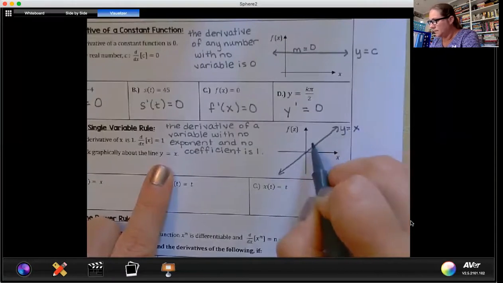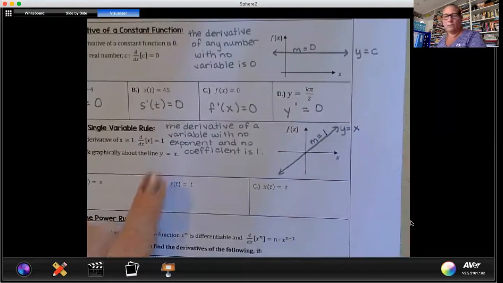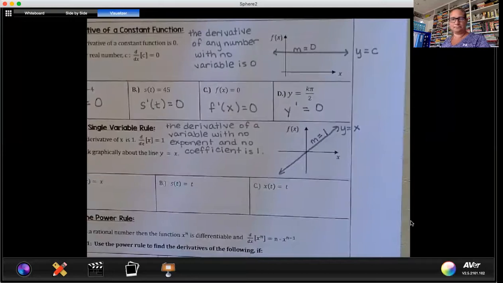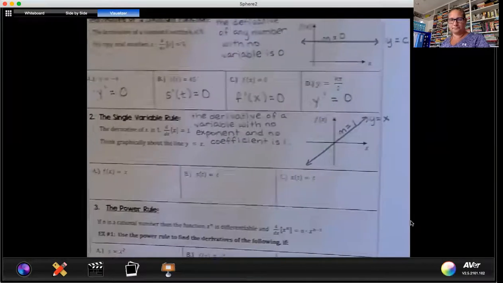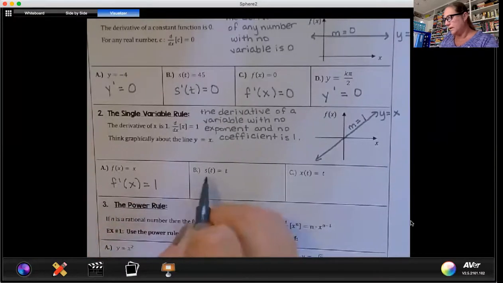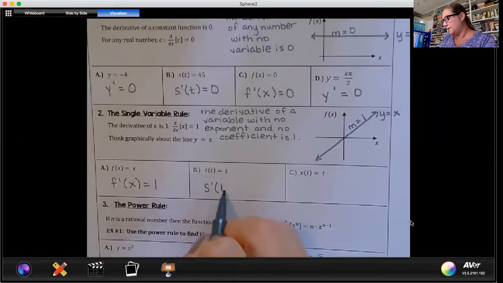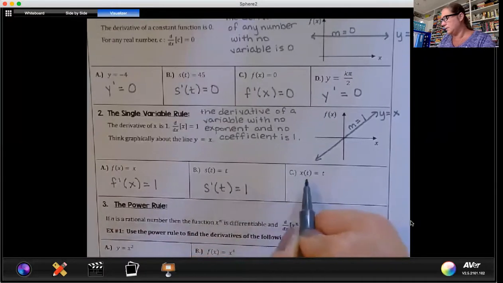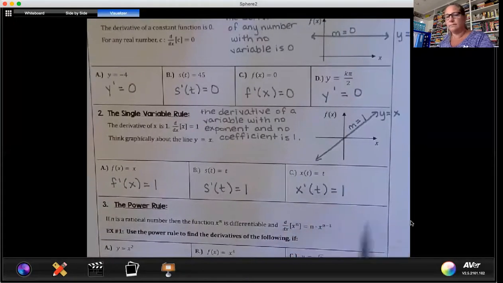And what is the slope of that line? 1. So if f of x is x, f prime of x is 1. S of t is t, s prime of t is 1. X of t is t, x prime of t is 1.